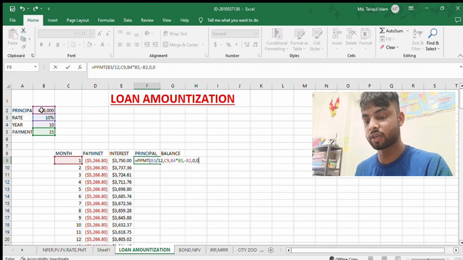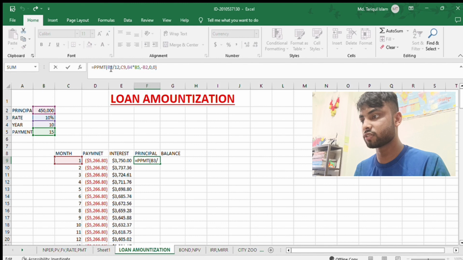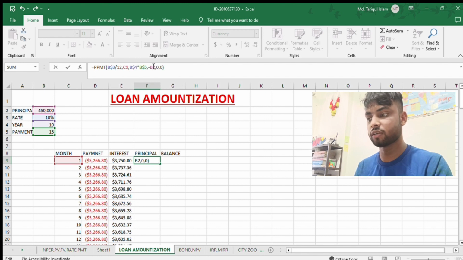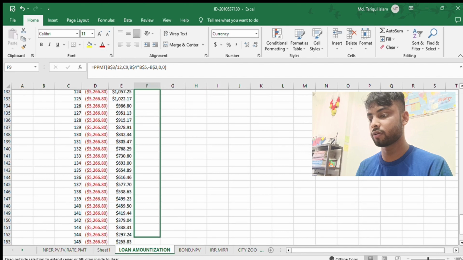Okay, close the bracket and enter. Here I got the principal amount, and then I also freeze the variables that are fixed. I ignore the per, then I freeze it and enter and select it about 150.